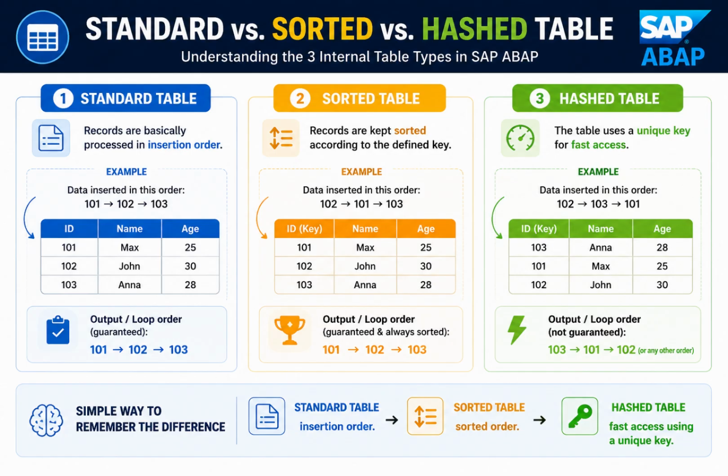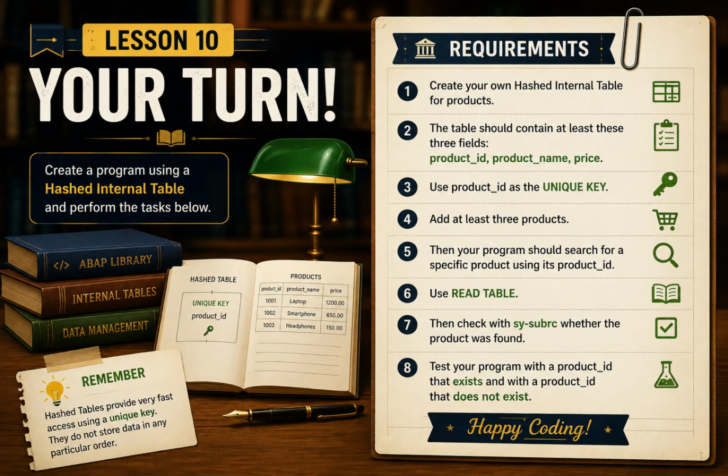Now it's your turn. Create your own hashed internal table for products. The table should contain at least these three fields: product_id, product_name, price. Use product_id as the unique key. Add at least 3 products.